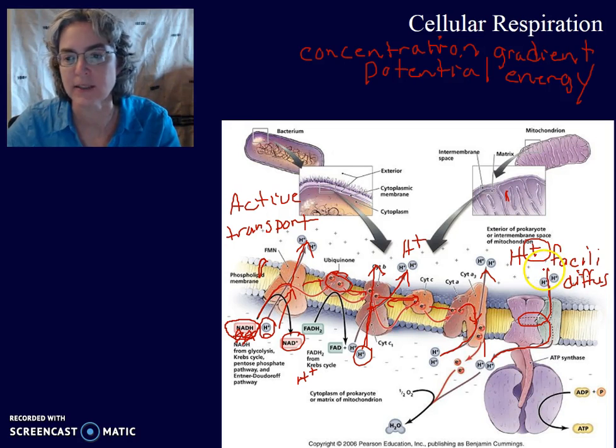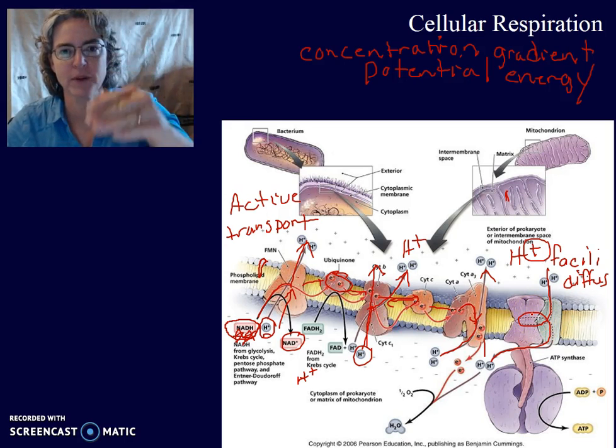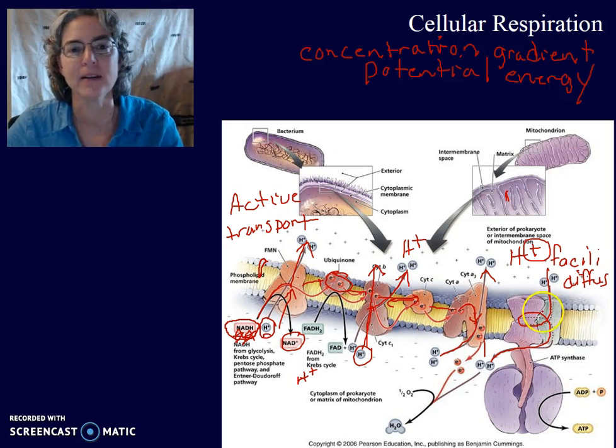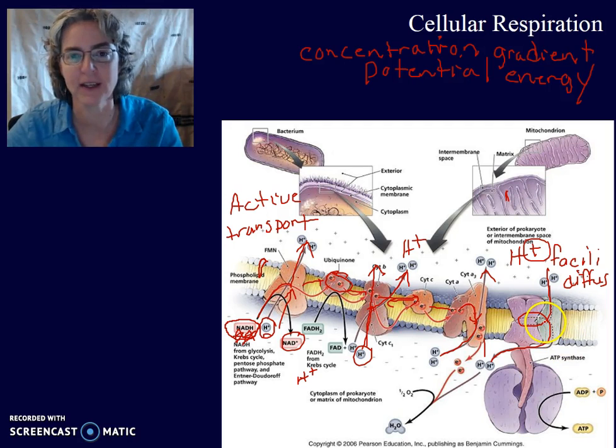But in the process of these hydrogen ions flowing through this protein, it ends up turning this wheel. The protein, it's like a wheel, and it acts almost like a water wheel on a river. Just imagine a big water wheel on a river, turning around and around, and you could get energy from that to grind grain historically.